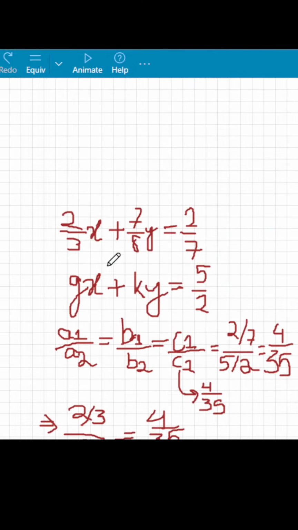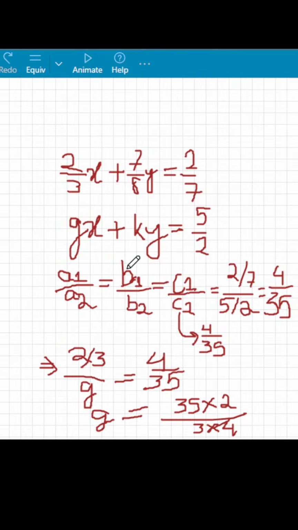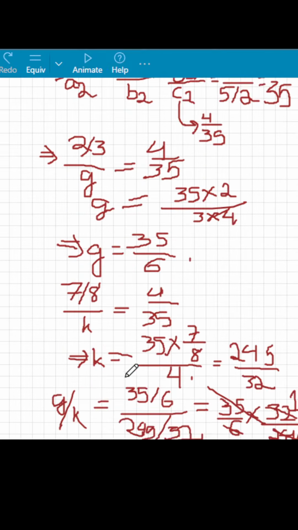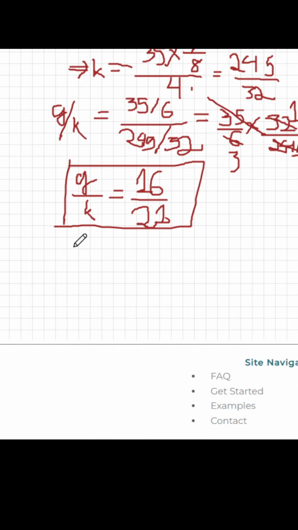You can also do it directly because a1 by a2 is equal to b1 by b2. There we know a1 and b1, we don't know a2 and b2. So an alternate way would be a1 by b1 is equal to a2 by b2.